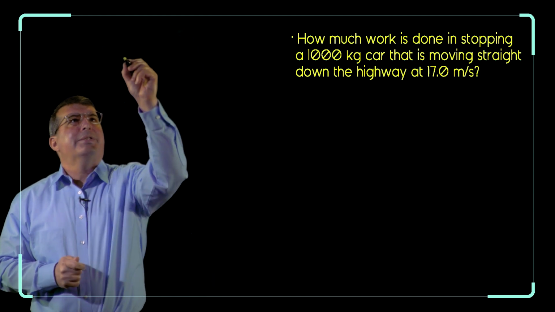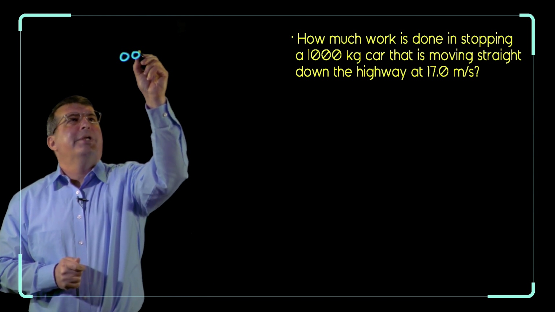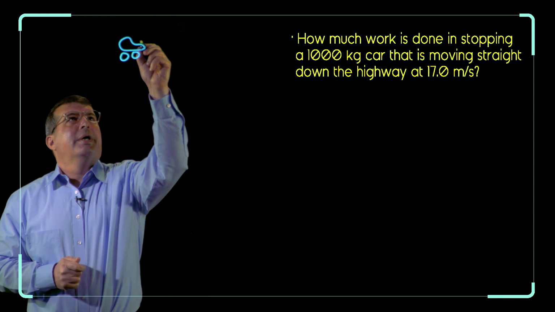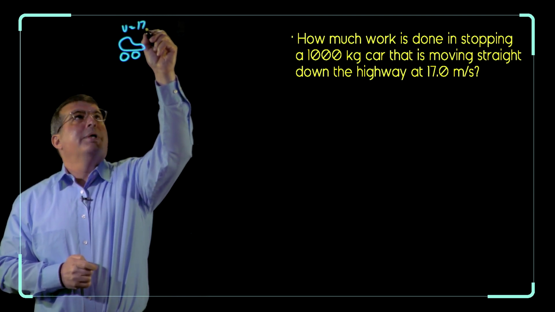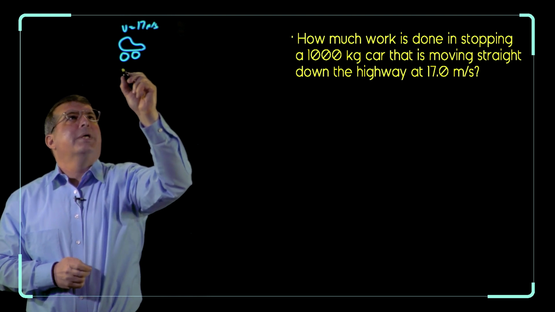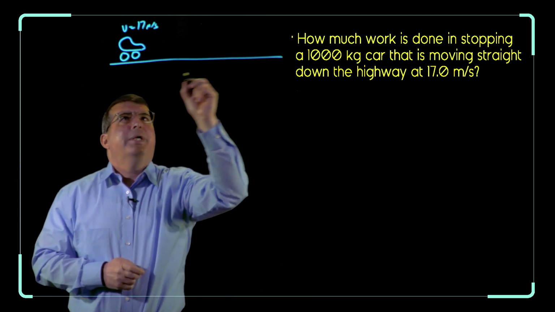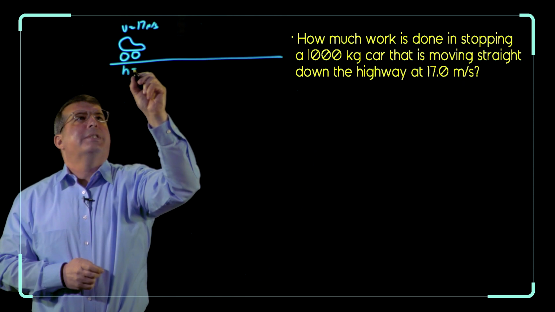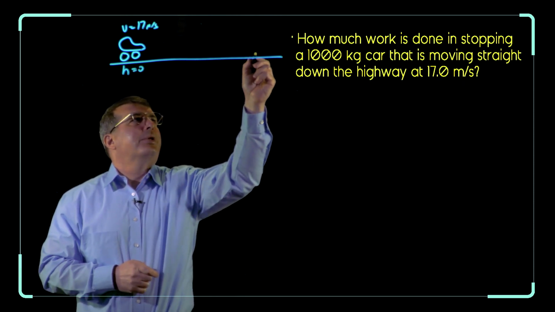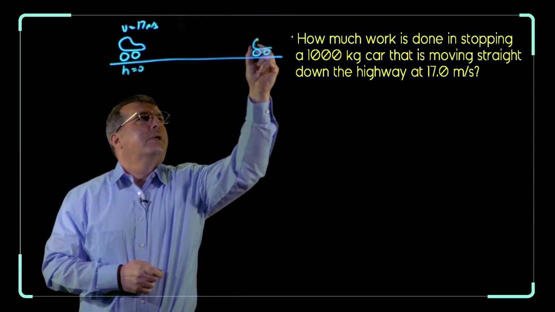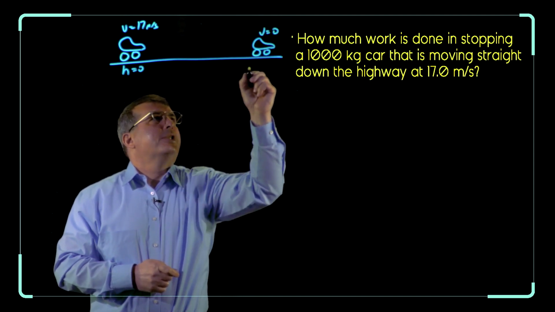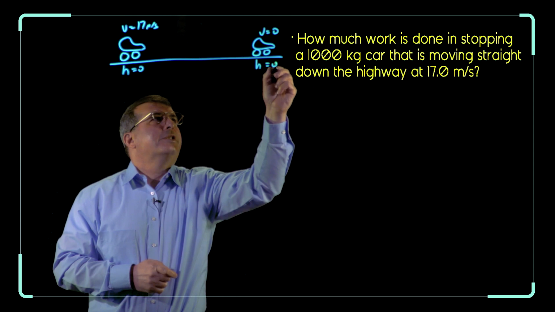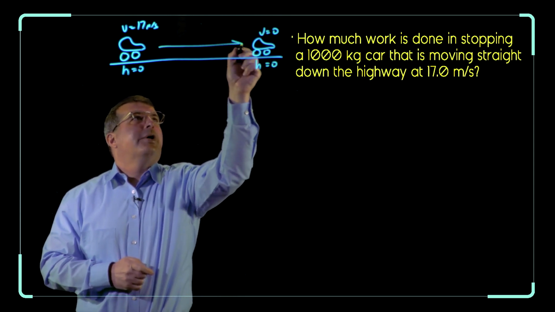Okay, let's draw a diagram of what's happening. Here's the car, and its speed is 17 meters per second, and it's on the highway. And we're going to say its height is 0 to begin with. And in the end, its speed is equal to 0, but its height is still equal to 0. So it moves that way.